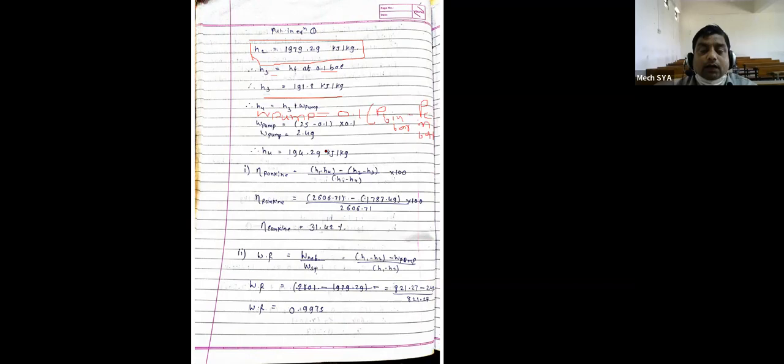In that case, the value will be 0.1 into (25 minus 0.1), which is 2.49 kilojoule per kg. This is the pump work, 2.49 kilojoule per kg, and H4 will be 191.8 plus 2.49.